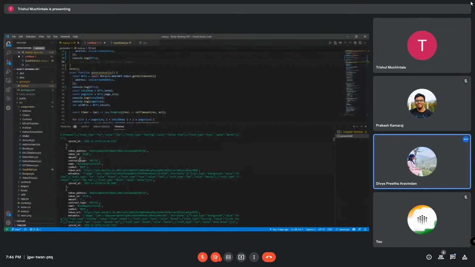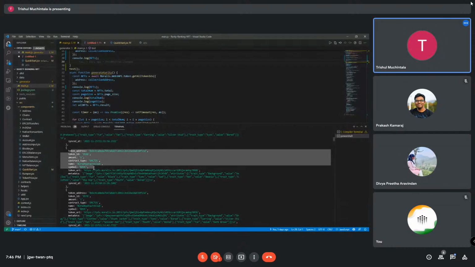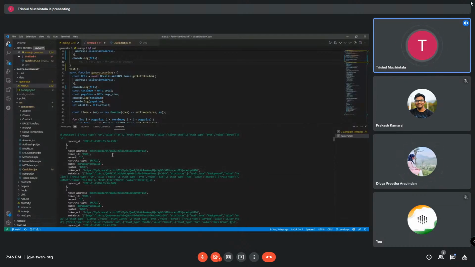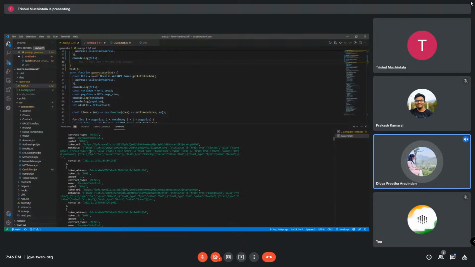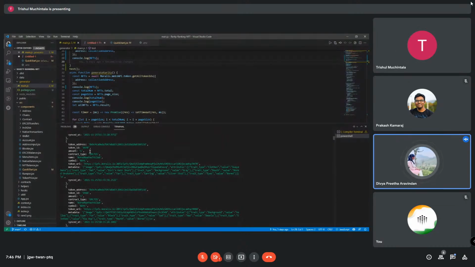So this one is the address. The creator of this collection gave this data and deployed the contract. So whenever I call this, I'll be getting details about that NFT, not about the current owner of that NFT. You can get the current owner as well, but it's not very straightforward.